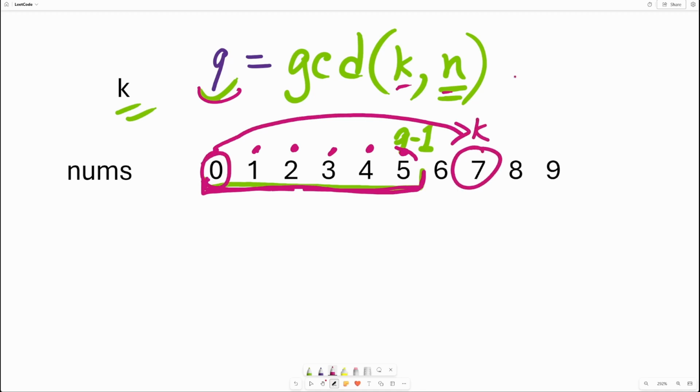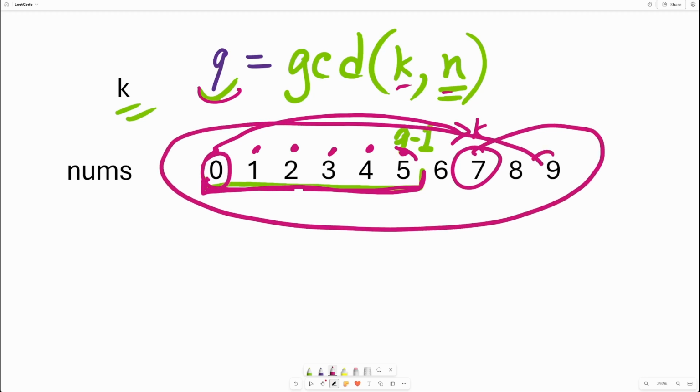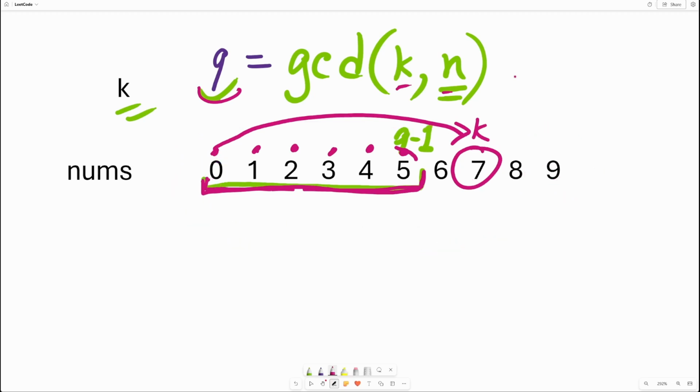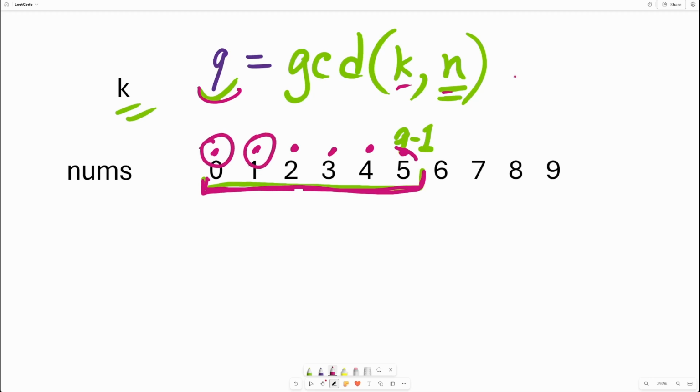Swap these elements. Then you jump k again somewhere, swap with the previous landing, etc. So you jump again until you end where you started. When you come back, you do one more jump, one more swap, and then this is done. Now I can move to the next starting point. Then do the same for the next starting point, and so on for all starting points in the segment that we've chosen.